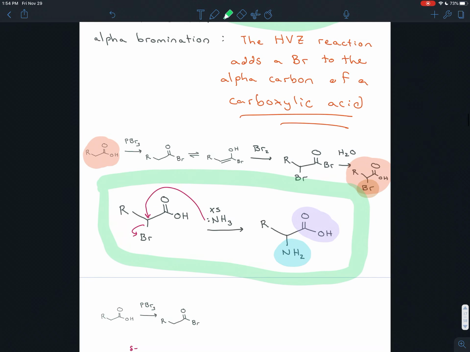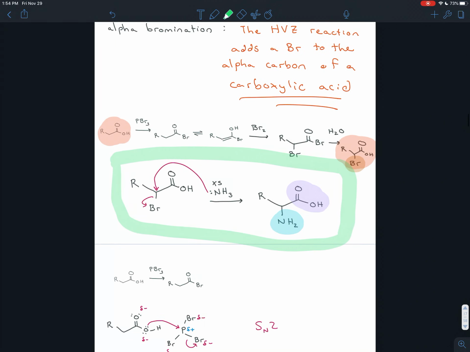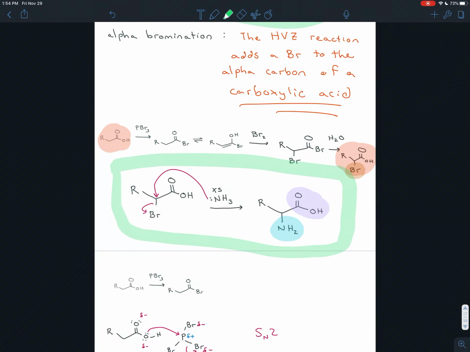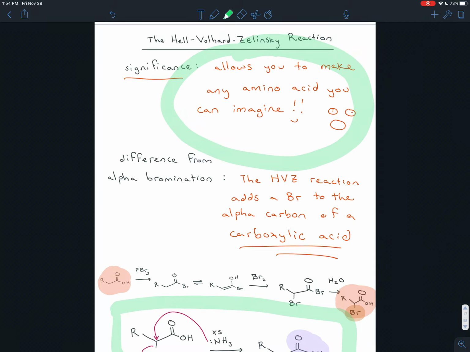In the exercise we're going to do in the future, we won't draw this mechanism again, but I wanted it to be available to you so that it didn't just seem like black magic. That you could see that this reaction is related to all the stuff you've learned this semester so far. So in the next video, in the next couple of videos, we're going to look at this reaction, the Hell-Volhard-Zelinsky reaction, or the HVZ reaction, from the perspective of synthesis.